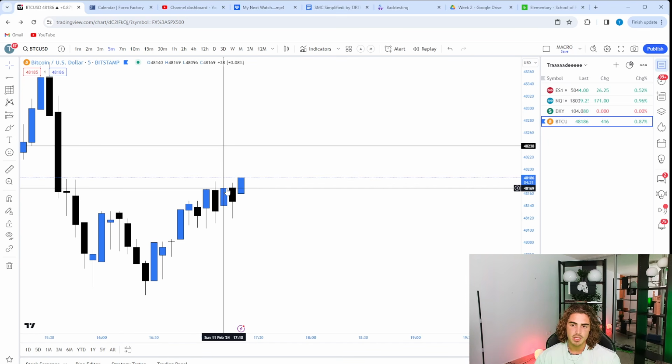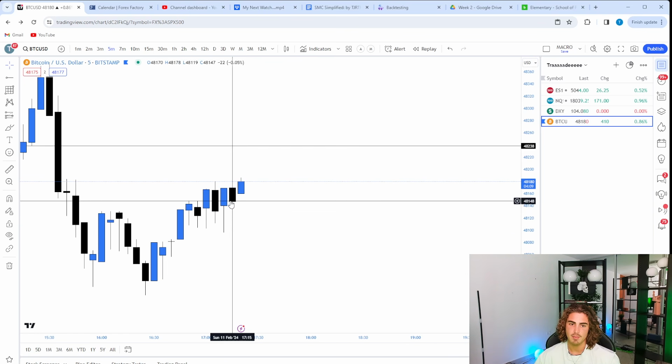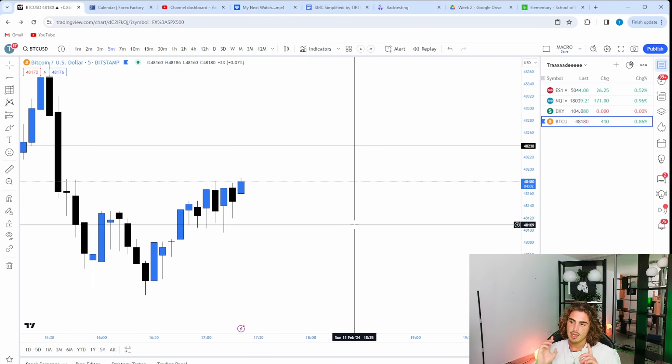This candle opened at 48,169, and during that 5-minute period, price was able to get all the way up to $48,178, and also during that 5-minute time period, price was able to go down to $48,120, and then by the time that 5-minute period came up, it ended right here at $48,147. And you're going to be trying to figure this out, saying, TJR, let's take a trade.